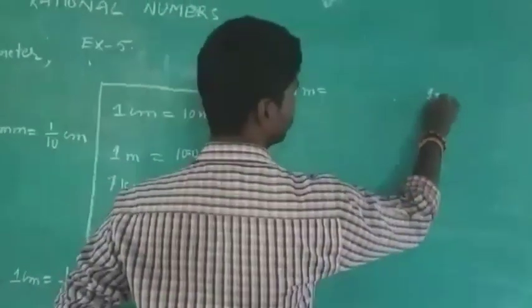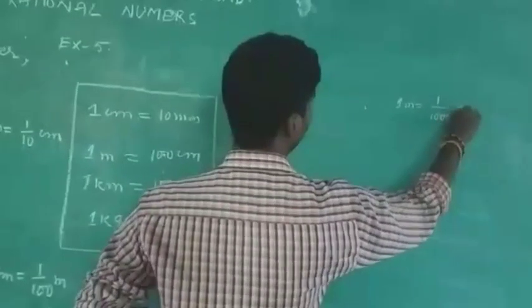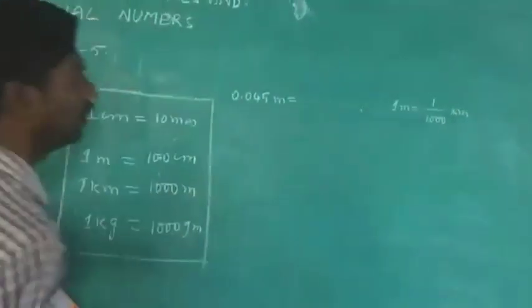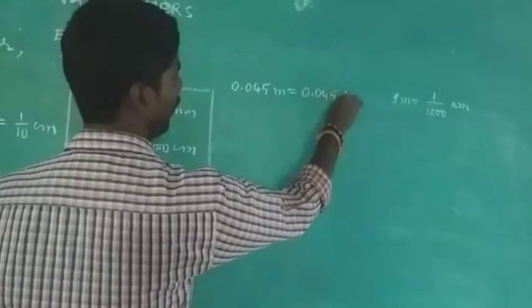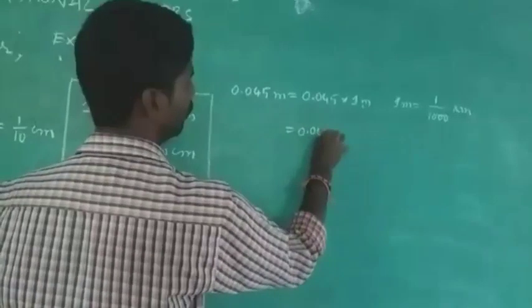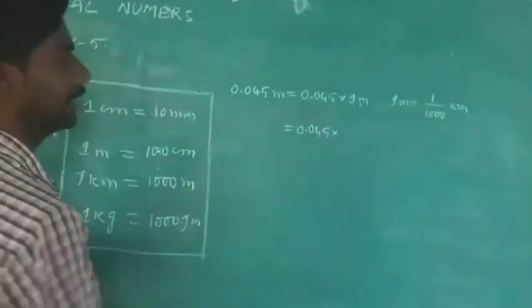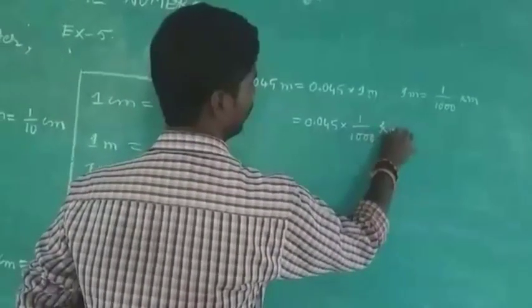See, I am writing it. So 0.045 into 1 meter you can write as 1 by 1000 kilometers.